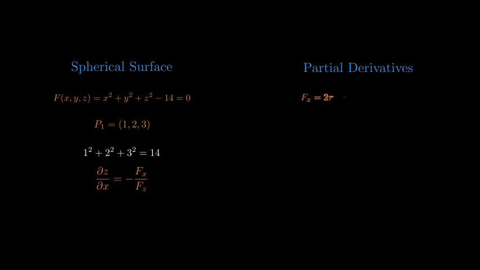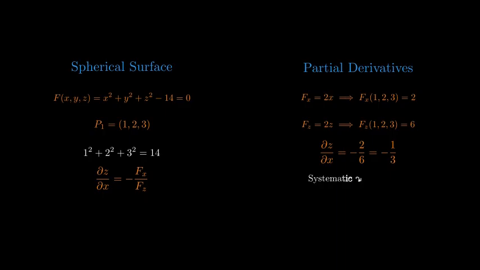The function is f of x, y, and z equals x squared plus y squared plus z squared minus 14. The partial derivative with respect to x is 2 times x, evaluating to 2 times 1, or 2. The partial derivative with respect to z is 2 times z, evaluating to 2 times 3, or 6. Applying the implicit function theorem formula, the partial derivative of z with respect to x is the negative fraction of 2 over 6, which simplifies to negative 1/3.